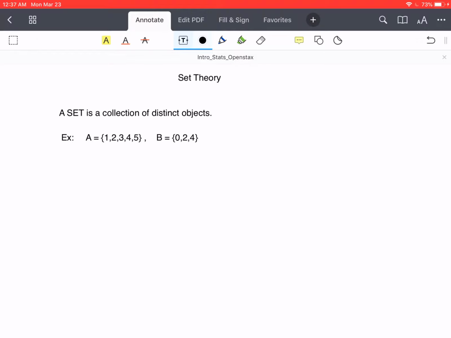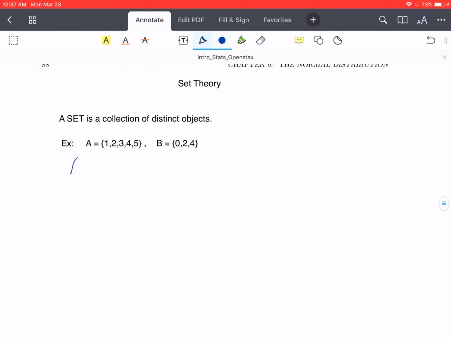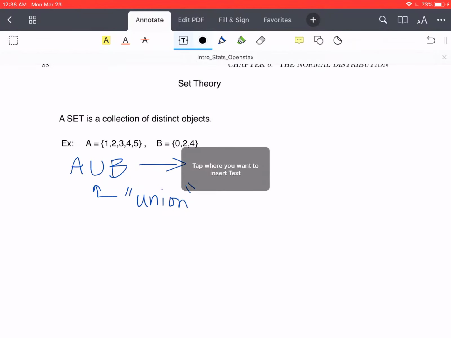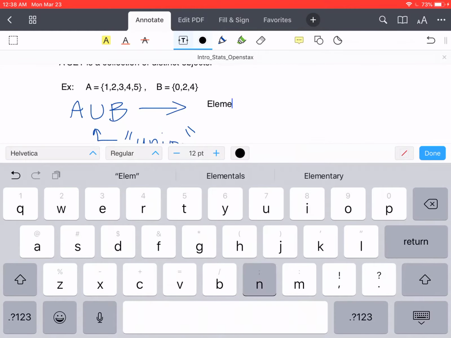In terms of notation and the operations that we can perform on sets, the first one we have is this symbol, which looks like a U. This is our union symbol, so this is A union B. What this signifies is that A union B is all elements in A or B or both.